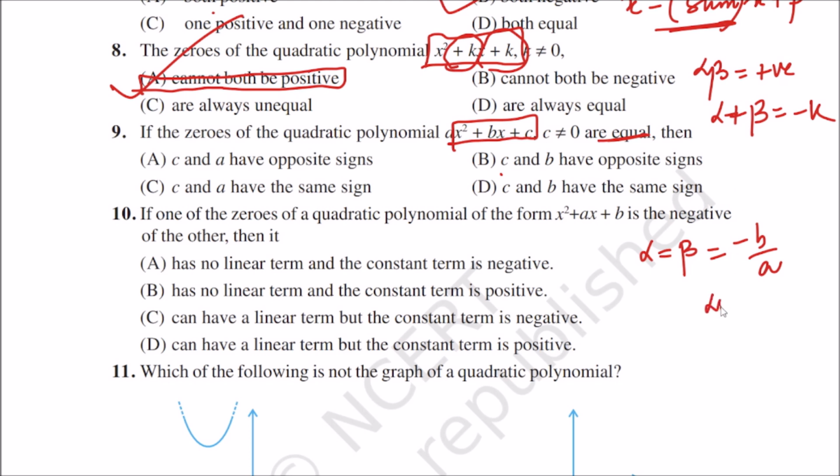Alpha into beta is equal to c by a, but it's not required here. They are equal means c and a have the same sign. Then only you will get your zeros equal.